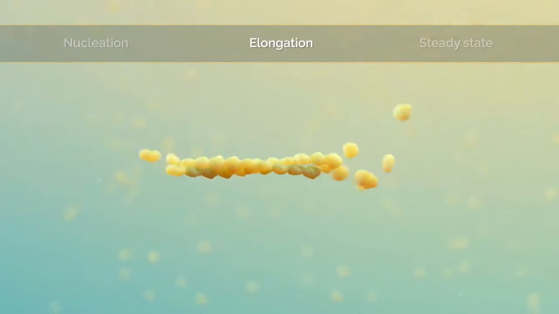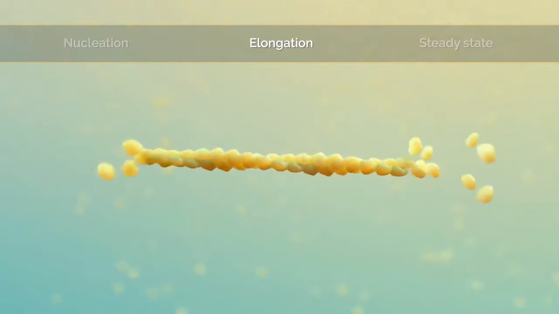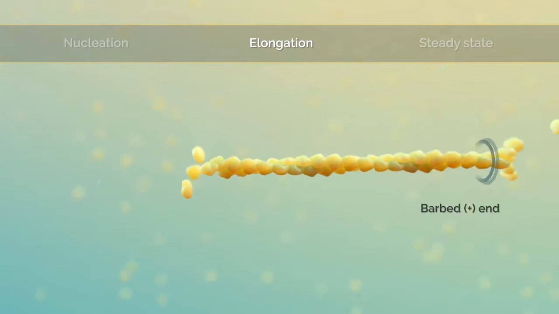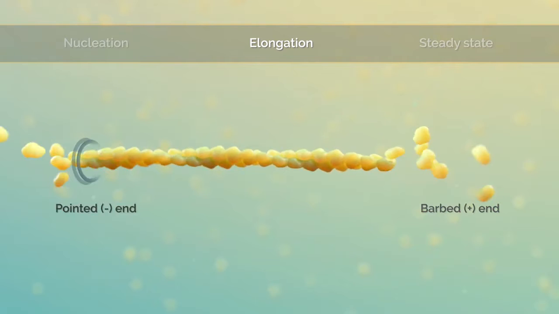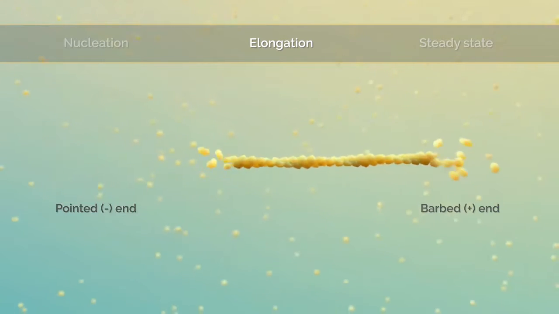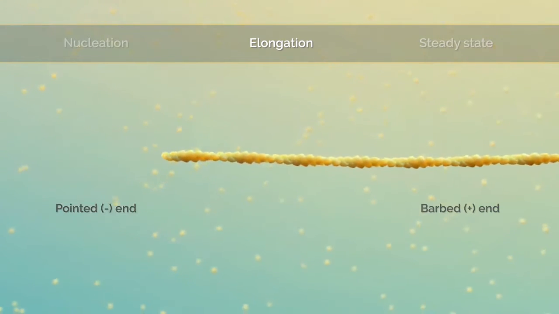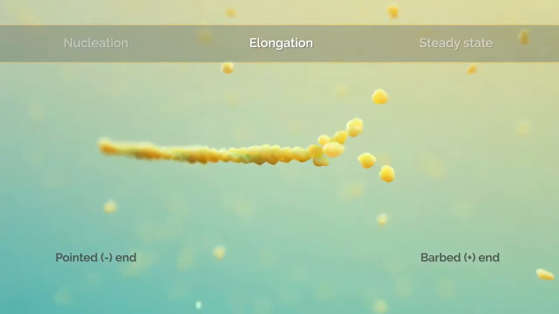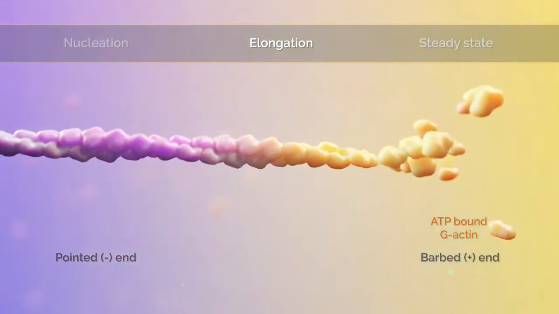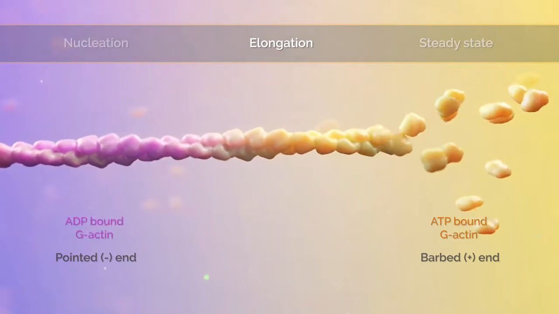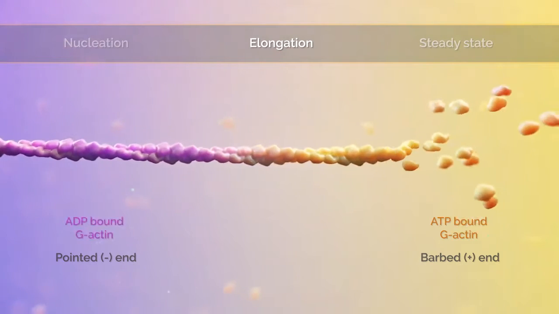G-actin can bind reversibly to either end of the growing filament, known as the barbed or plus end, and the pointed or minus end, but monomers preferentially bind to the barbed end. Bound G-actin monomers undergo ATP hydrolysis, producing an increase of ADP-bound G-actins at the pointed end of the filament.